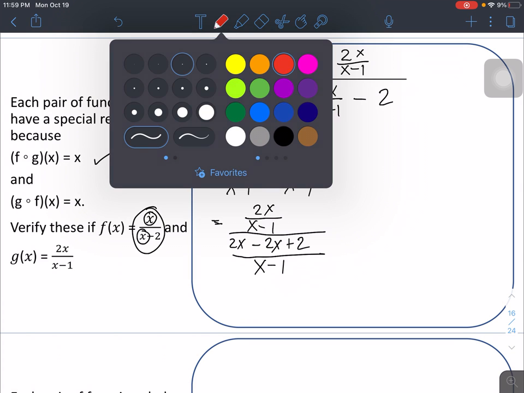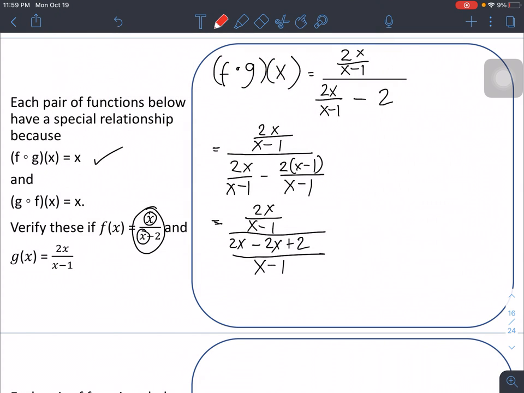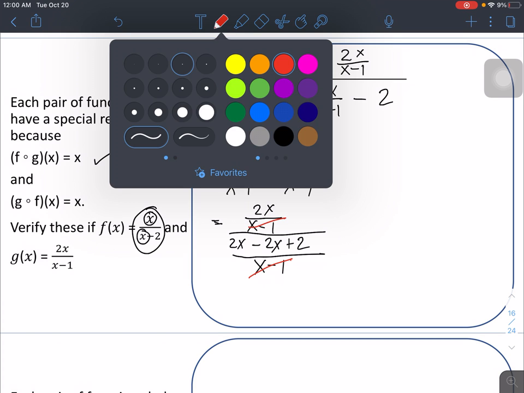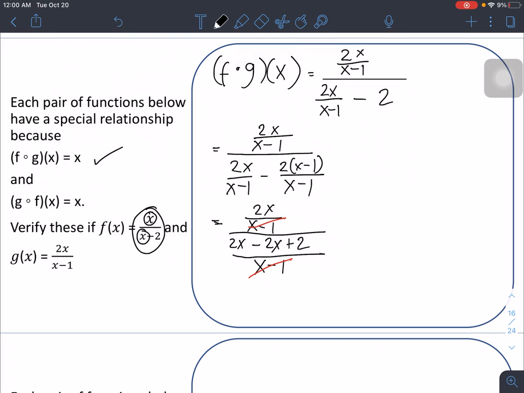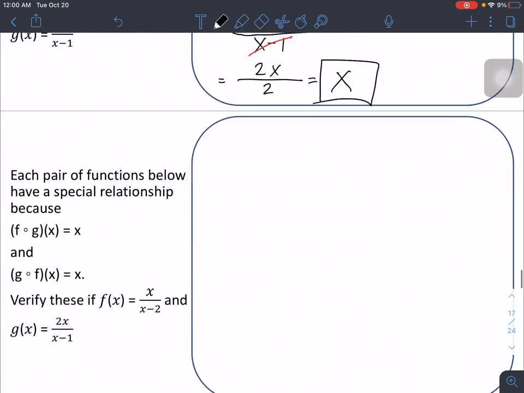Then cancel out the similar denominator. So then simplify our equation. 2x over 2x minus 2x is 0 plus 2, 2x divided by 2 is equal to x. So we already proved that f of g of x function is equal to x.